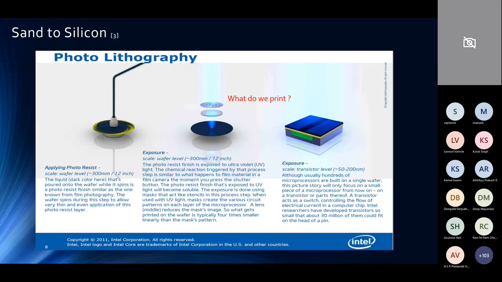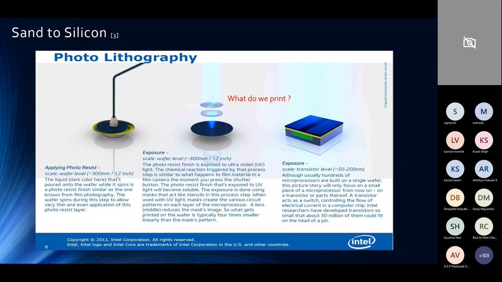You actually draw these masks to essentially replicate the layout you draw for the design for your chip, and then you shine laser onto that mask. And depending on the structures you have drawn, certain areas on that silicon wafer either get exposed to that laser light or they don't. Depending on that, it creates a chemical reaction, and at the end of it, you get a transistor structure.